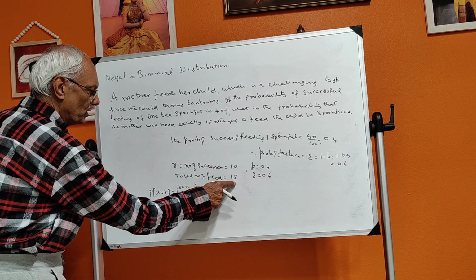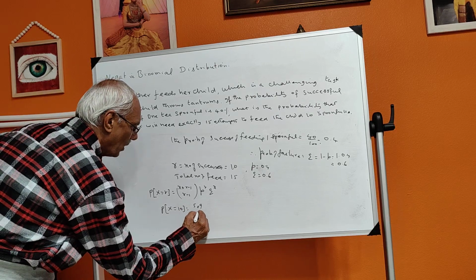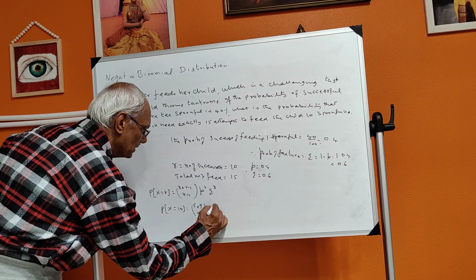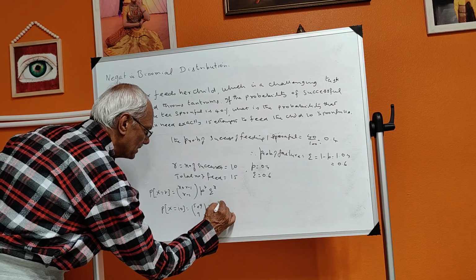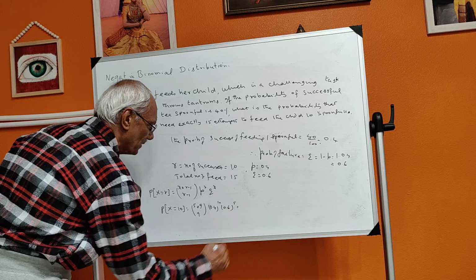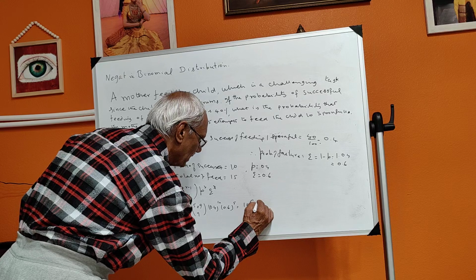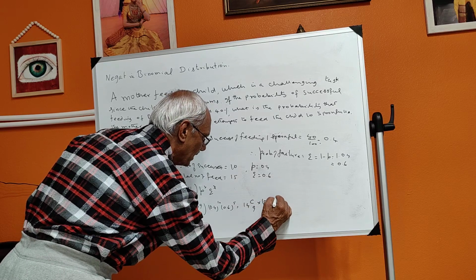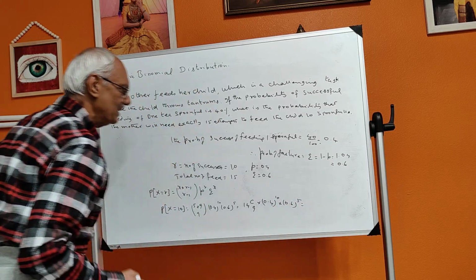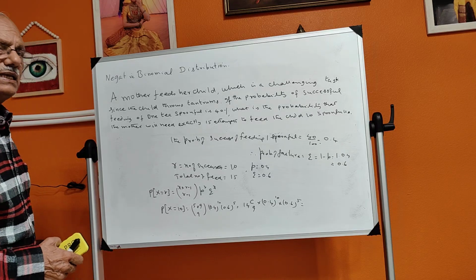The total number is 14, so 5 are remaining, so it is 14 C 9, times P is 0.4 to the power of r, which is 10, times 0.6 to the power of 5. So this is 14 C 9 into 0.4 to the power of 10 into 0.6 to the power of 5. This is the probability of successfully feeding the child with 10 spoonfuls.